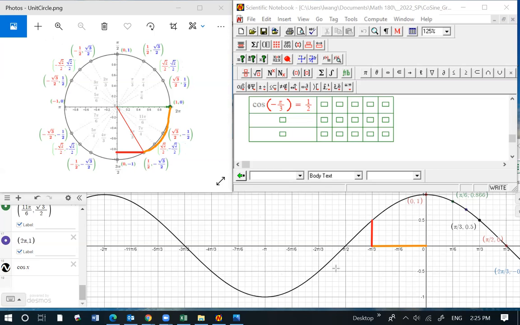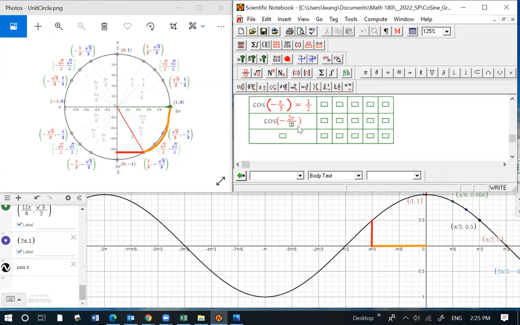Okay, so I'm going to skip a couple. Let's look at negative 2 pi over 3. The question for you is, what is the cosine of negative 2 pi over 3?